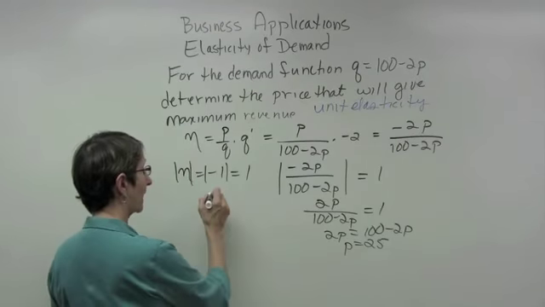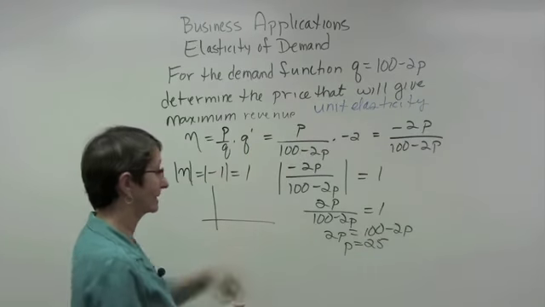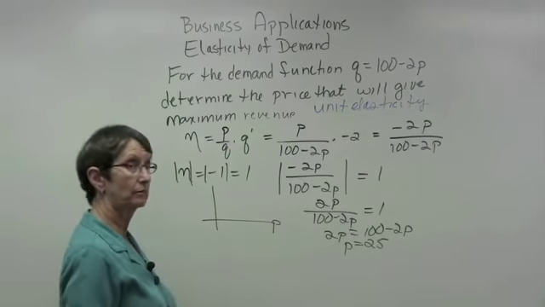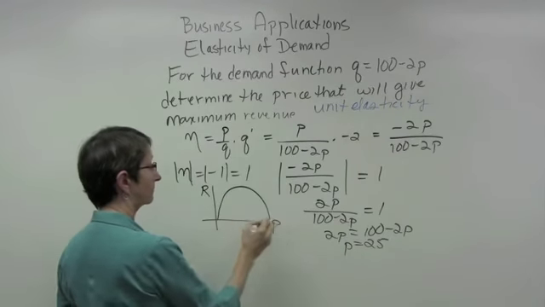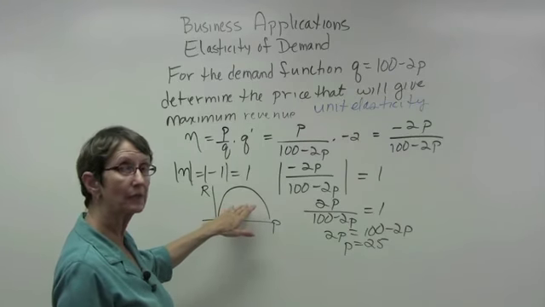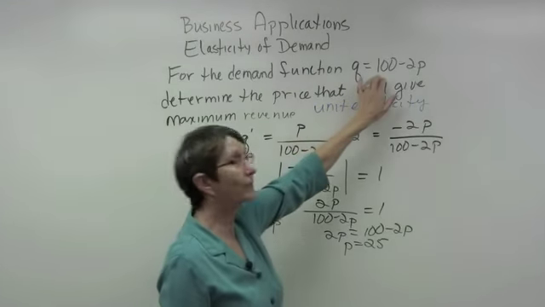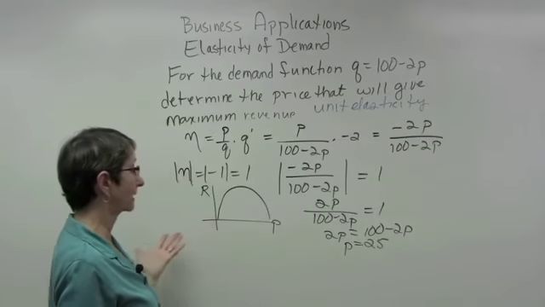If you think about your graphs, this time let's think about the graph where P is the variable and we have revenue. I have my revenue equation, and notice that it is a quadratic, but that's what you get if demand is linear, because when you multiply by your variable, you get a quadratic.